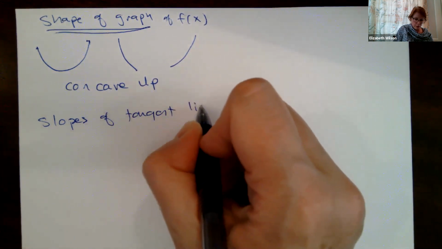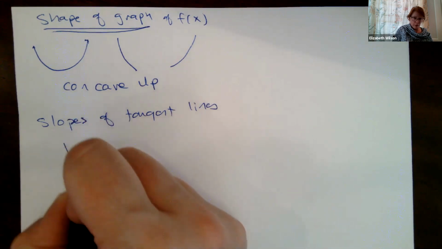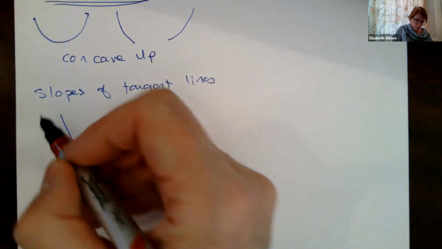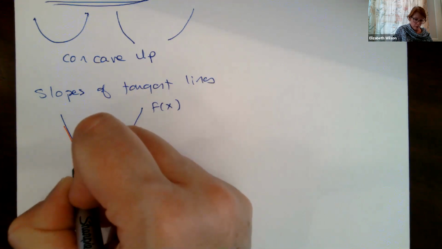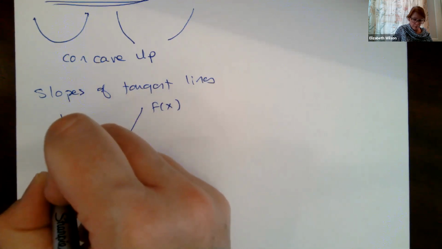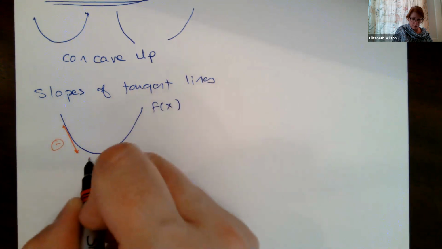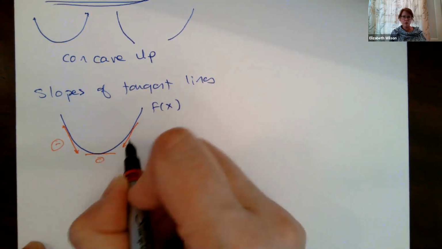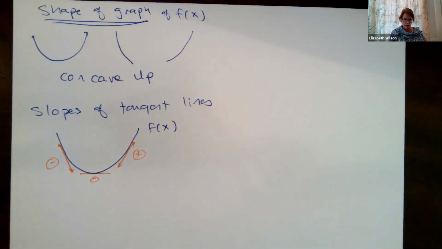So here's my function. Let's just draw it. My tangent lines look like this. So it's negative, and it's 0, then it's positive. Okay, those are the slopes of our tangent lines on a concave up.